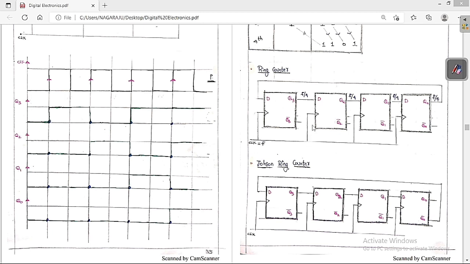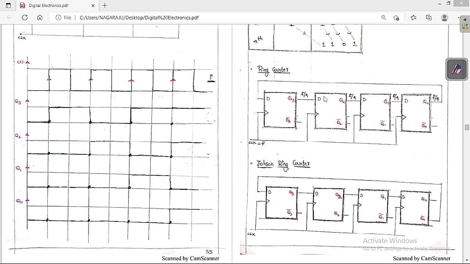Listen carefully, very important point. Whenever the output of Q0 is given as input of D, the circuit is called the ring counter, and each output has a frequency of f by 4. All these outputs will have a frequency of f by 4. If there are 4 flip-flops, the frequency will be f by 4. If there are n flip-flops, you will get f by n at each and every output.